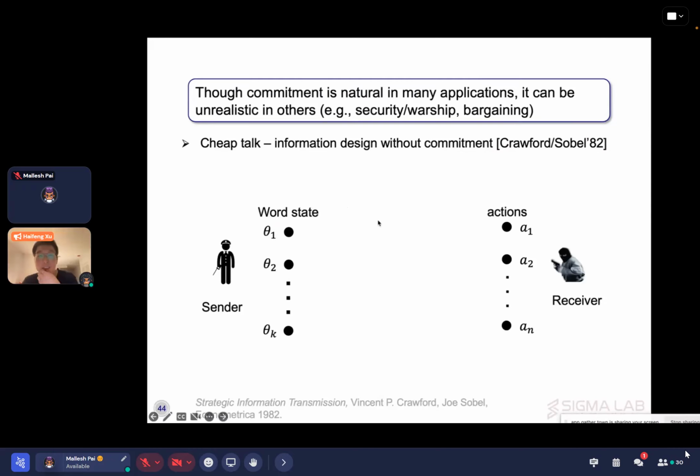This leads people to study information design without commitment, a model called cheap talk, which originates from the seminal work by Crawford and Sobel 30 years ago.